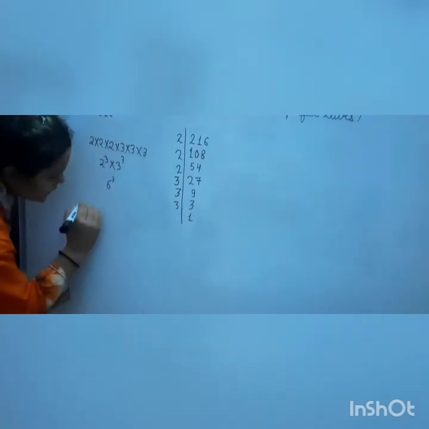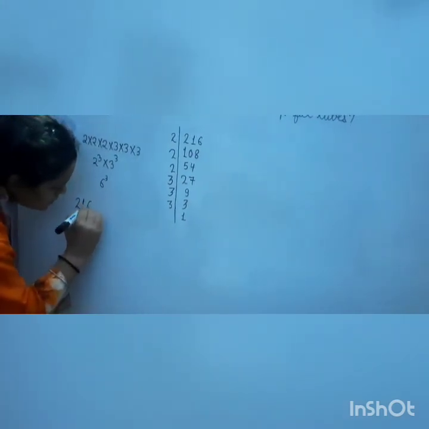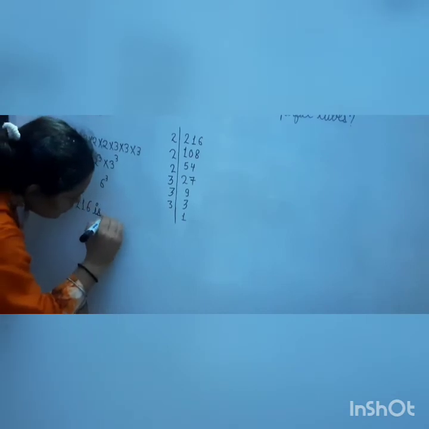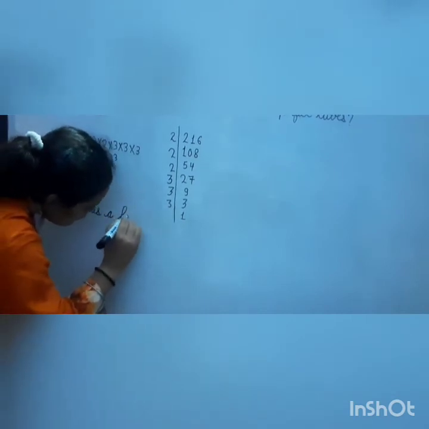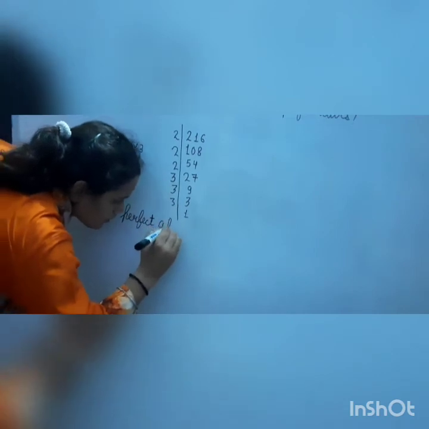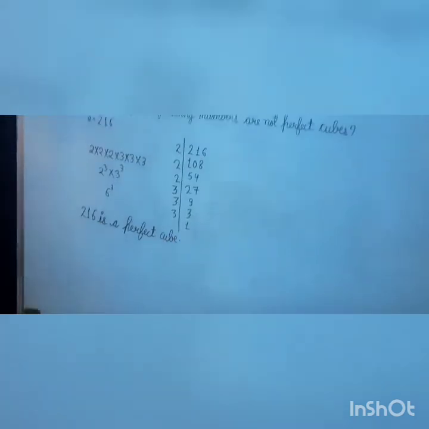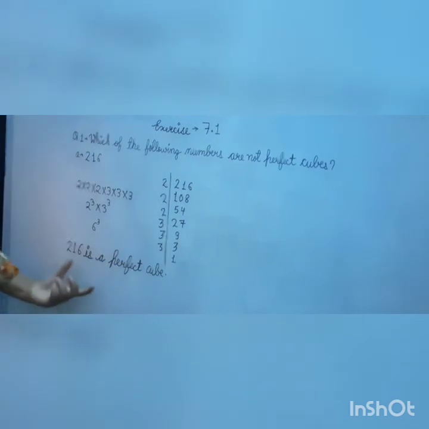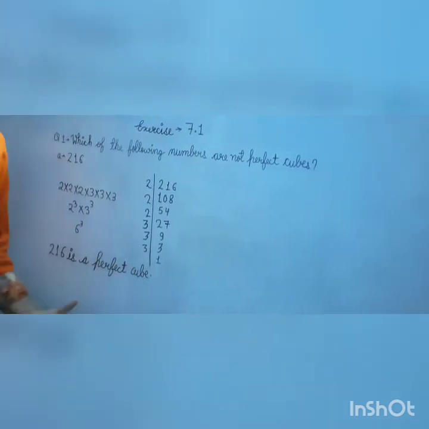You have to write that 216 is a perfect cube. When you solve the question, you have to write whether it is a perfect cube or not. Okay, this is the first question.